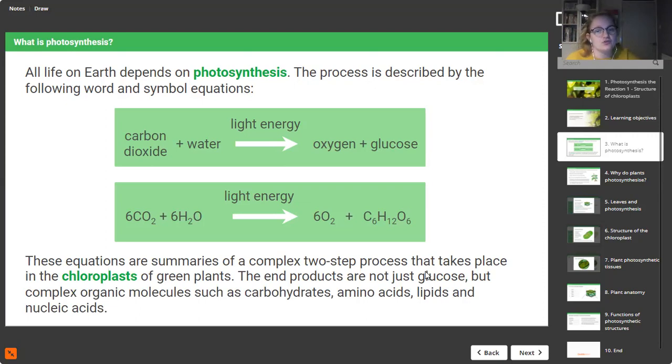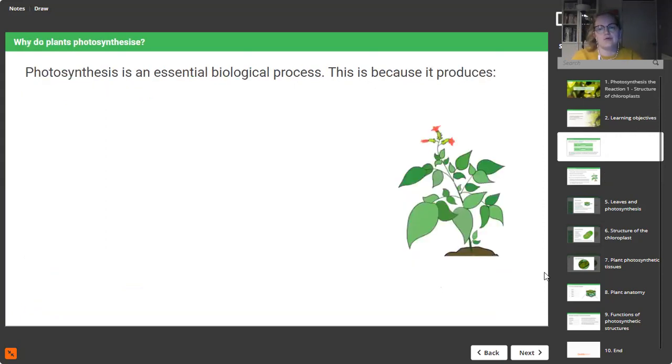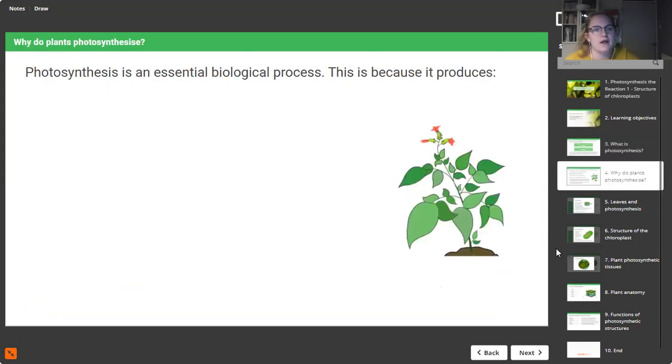Like I said, the end products aren't just glucose and oxygen, but complex organic molecules being produced, such as carbohydrates, amino acids, lipids, and nucleic acids. So we'll go into that. But basically this image here is our summary of this complex two-step process. So we'll have a quick recap as to why on earth plants bother doing photosynthesis.